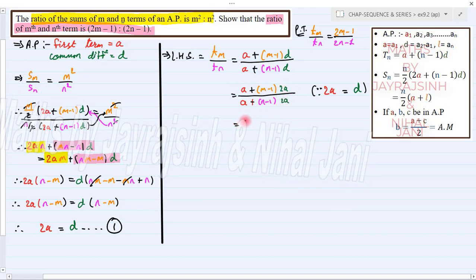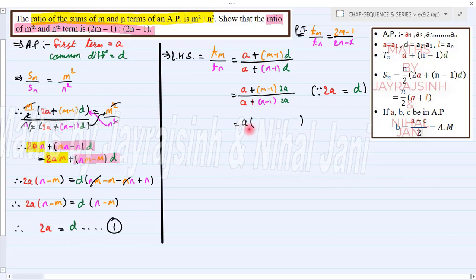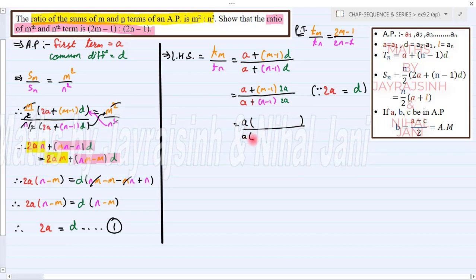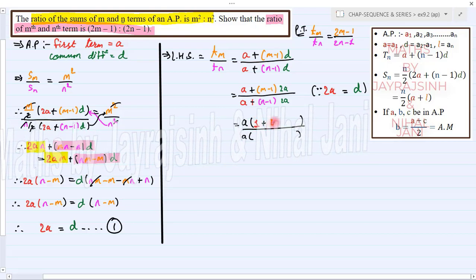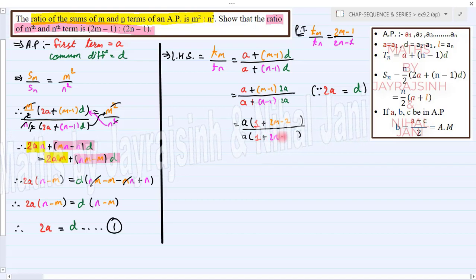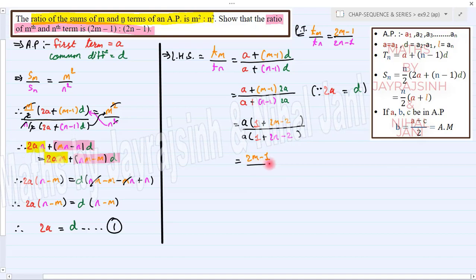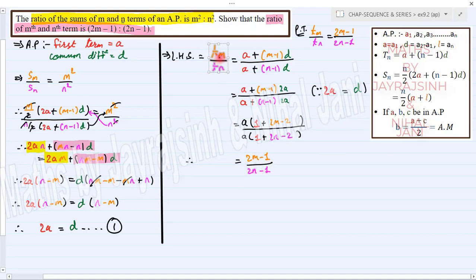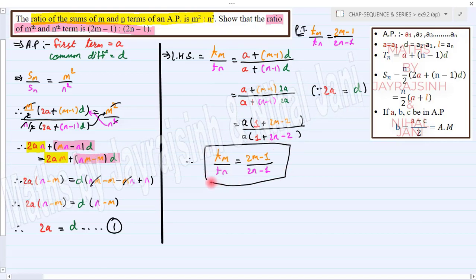So we can take a common from the numerator as well as the denominator. So we'll get (1 plus 2m minus 2) and (1 plus 2n minus 2), or we can say (2m minus 1) upon (2n minus 1), which is equal to tm upon tn. Hence proved. Ta-da!